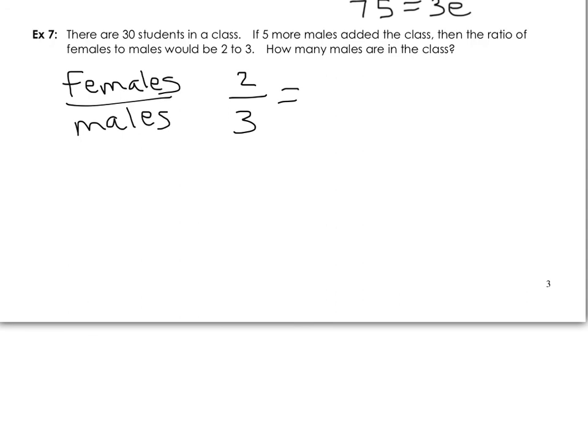There were 30 students in the class. Originally, let's say there were m males in the class. How many females? Let's take our 30 and subtract m. That's how many females were originally in the class.